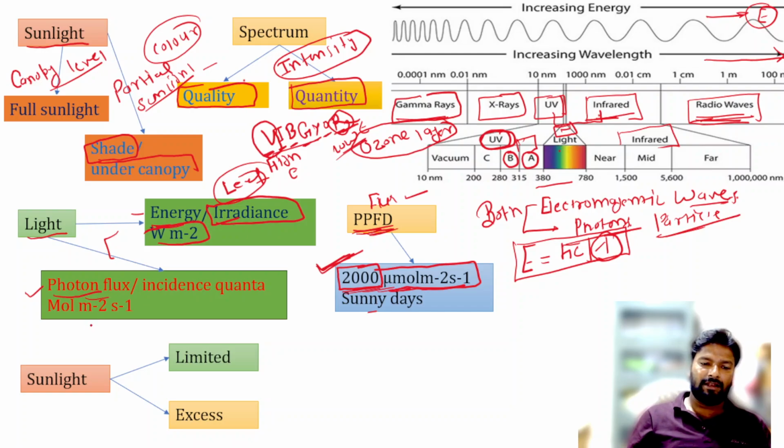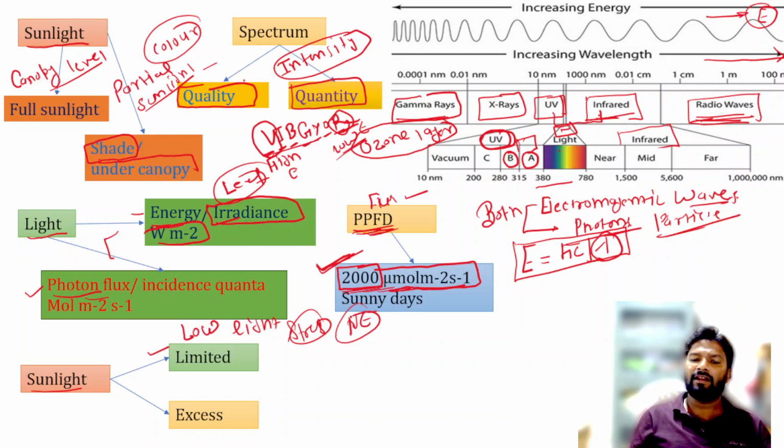Next, sunlight can be limited or low light stress, like in some parts of northeast India you are getting low light stress, and excess light means you are receiving high light.